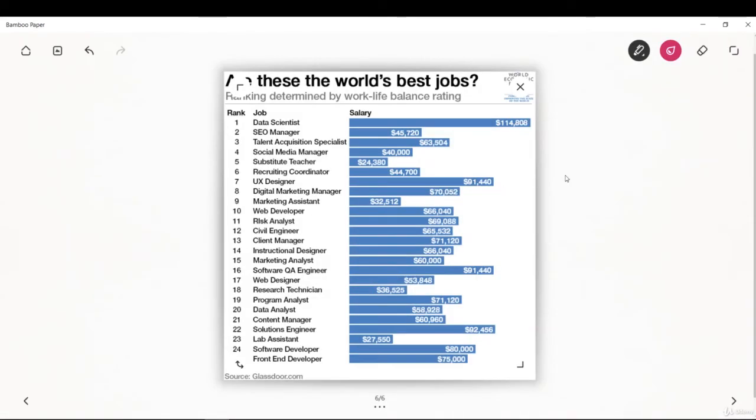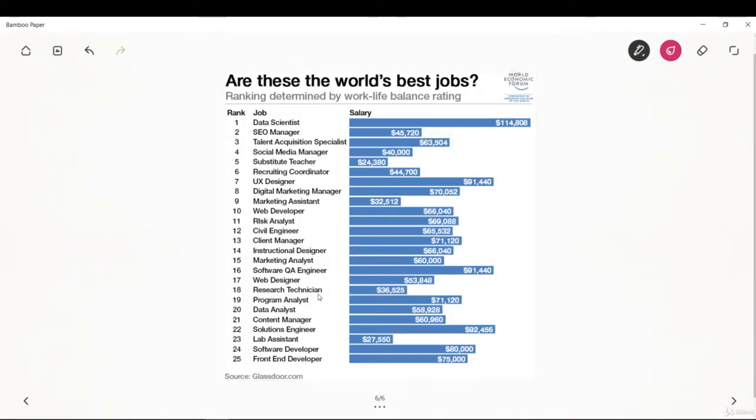These are the salary trends in big data, and we have taken this from glassdoor.com, and it's from the World Economic Forum. So what are the best jobs in the world and what are the salaries that they are getting considering the work life balance? It is in US dollars. A data scientist gets around 114,000 US dollars. A search engine optimization manager gets around 45,000.